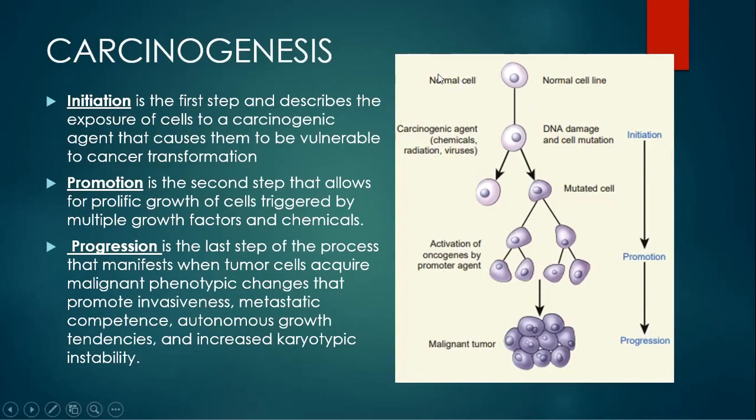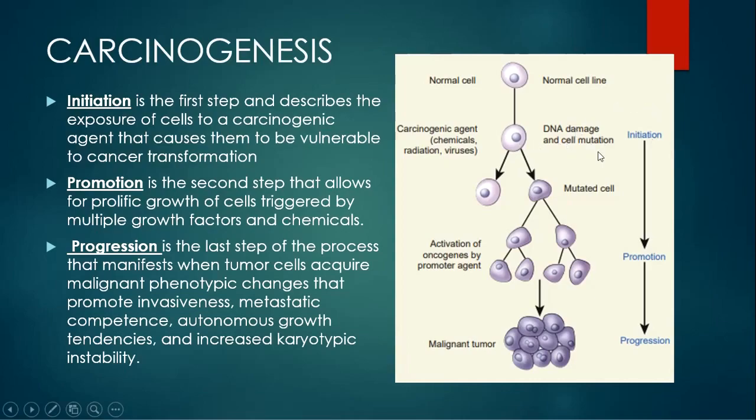As you can see here, this is a normal cell. What happens is, when there is a carcinogenic agent or a stimulus, which can be a chemical, radiation, or a virus, and the cell is exposed to this agent, there are some changes that occur in that particular cell.